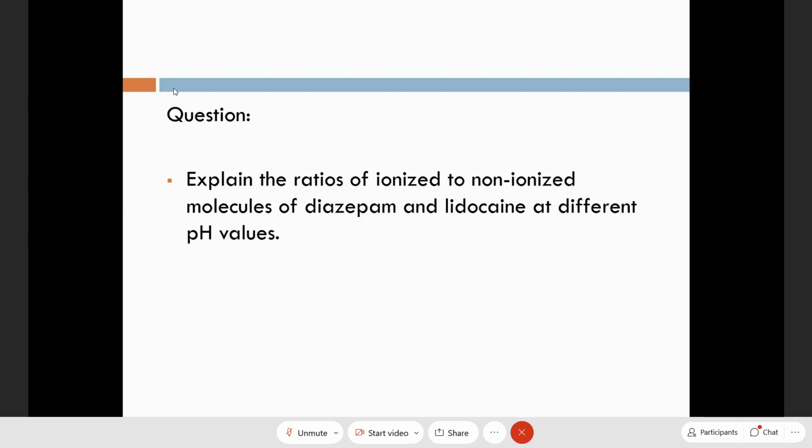Explain, as I explained just now, how the ionized and non-ionized forms occur for both drugs, and later compare the rate of penetration through the cell membranes of diazepam and lidocaine.